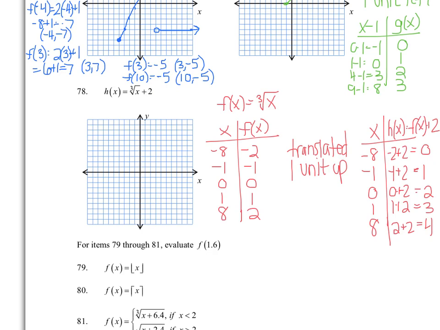So I can plot these points. Negative 8, 0. Negative 1, 1. 0, 2. 1, 3. And 8, 4. So my graph, I can make that better. Sorry. My graph is going to look something like that.